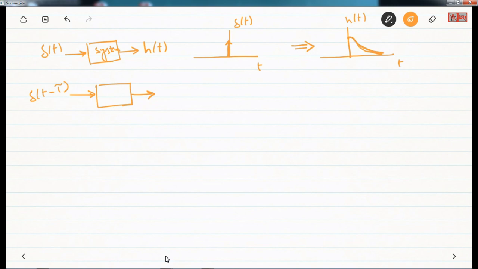So this is a response to delta of t. So now if I give an impulse at tau, right? So its output will represent this as h tau of t.